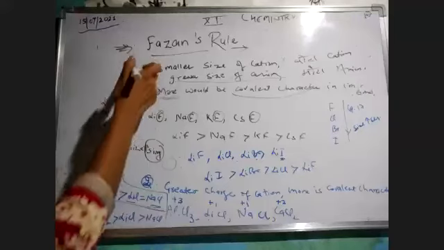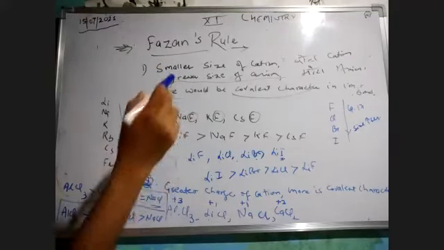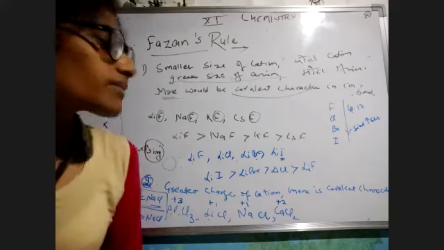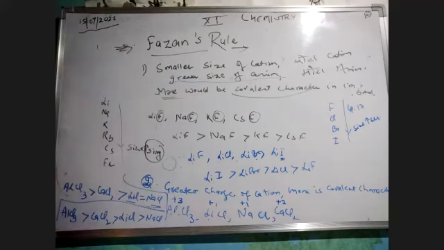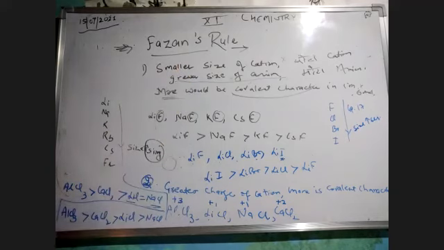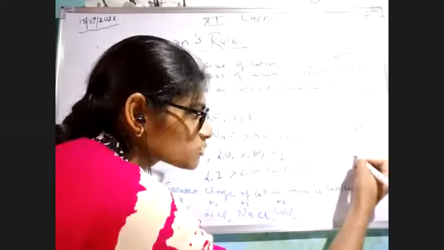You have to just remember: smaller the size of cation, greater the size of anion, and greater charge of cation. All right. Now, one more thing, kids. I hope you remember, if I combine my first and second concepts, in our last chapter we studied a rule known as charge by size ratio.